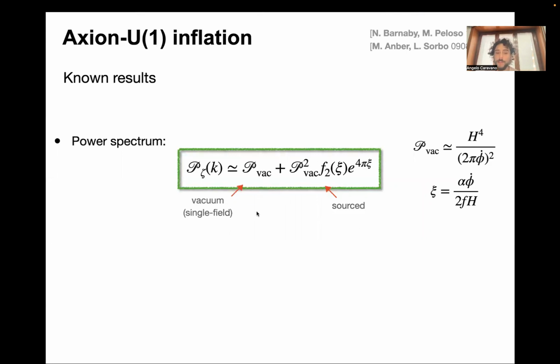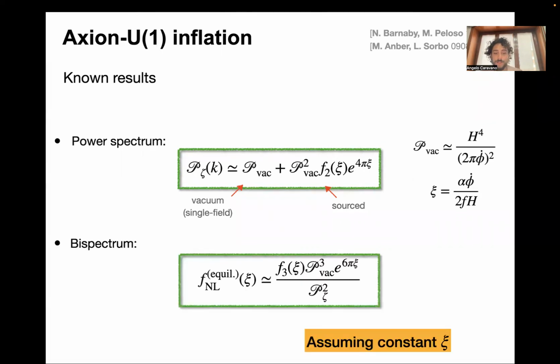The first is the vacuum piece, which is the usual quantum vacuum fluctuations of the inflaton field. And the second piece is the source piece that comes from this inverse decay from the interaction of the gauge field. You don't really have to remember the explicit form. Actually, it's very simple. You have to remember that it is exponentially sensitive to this parameter, which is proportional to the inflaton derivative.